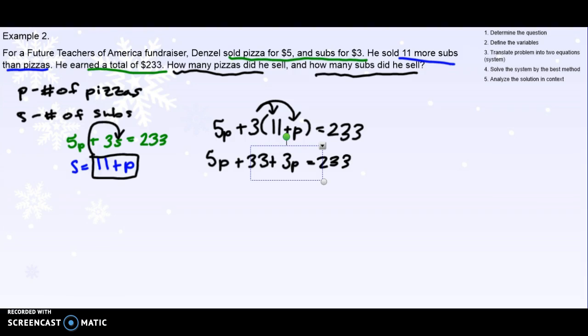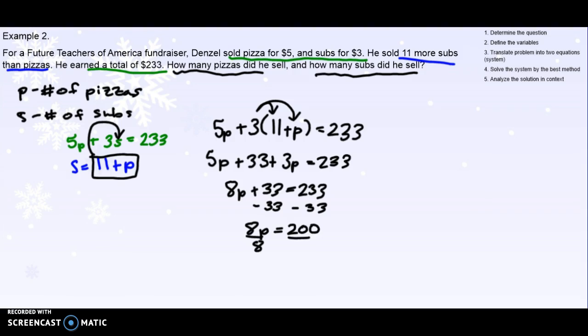Combine my like terms. 8P plus 33 equals 233. If I subtract 33 from both sides, I'll have 8P equals 200. Then I'm going to divide both sides by 8, and I will have P equals 25.